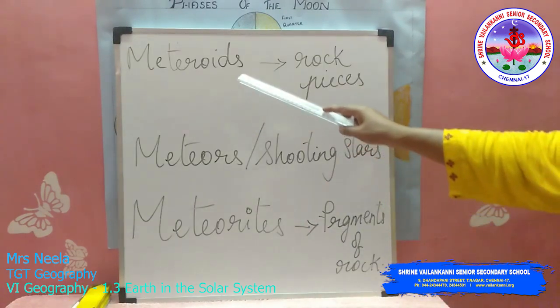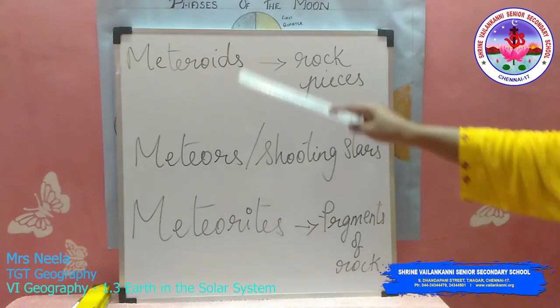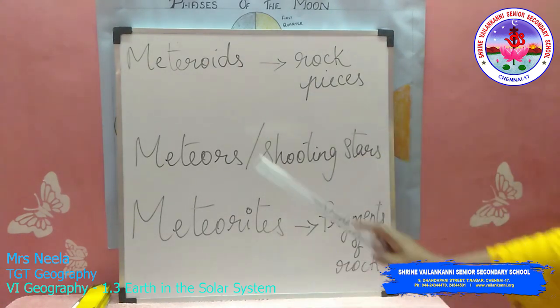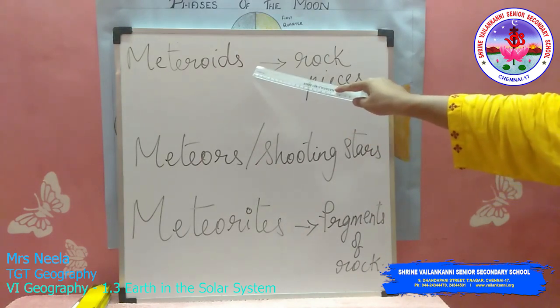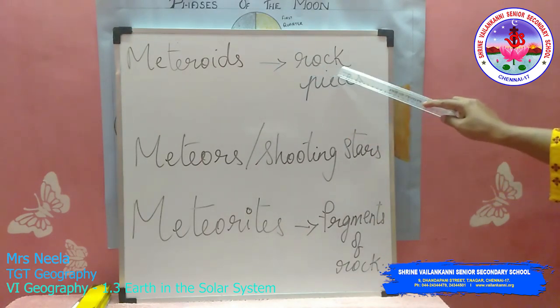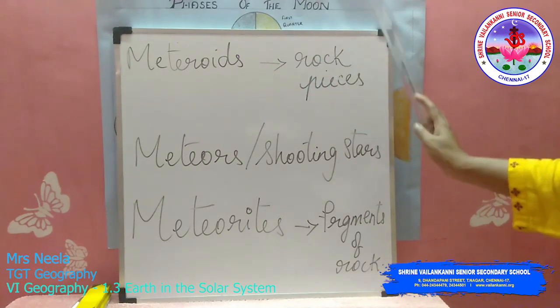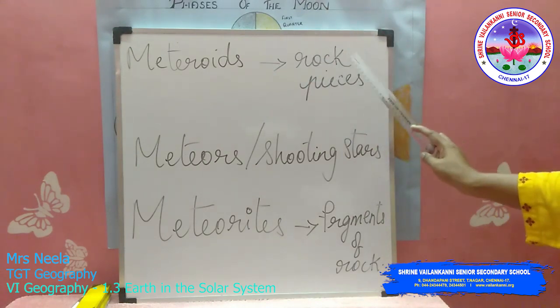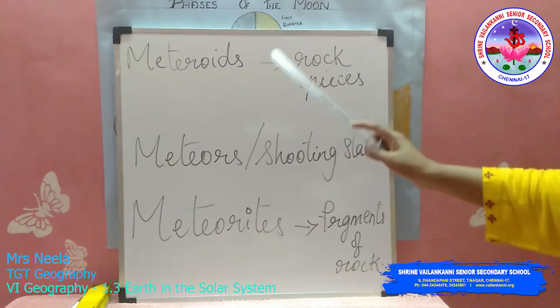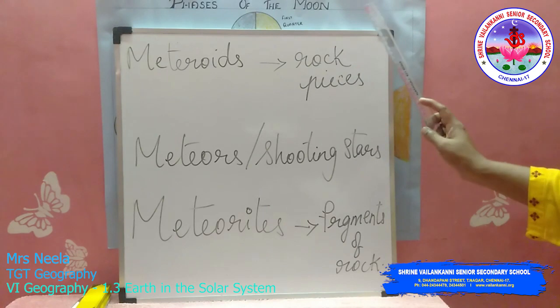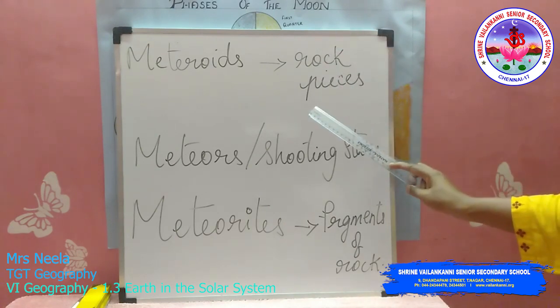Now we will be seeing about the meteoroids, meteors and meteorites in detail. These meteoroids are pieces of rock. They move at a tremendous speed around the sun. As they move at tremendous speed, they sometimes come near the Earth.